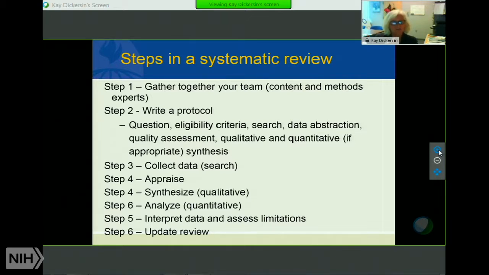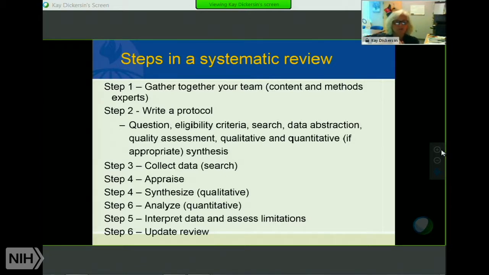Then you want to write a protocol. So unlike a traditional review article, there's a protocol, and that protocol could even be published, for example, at Prospero, showing people what you intend to do and opening it to criticism if there is any.